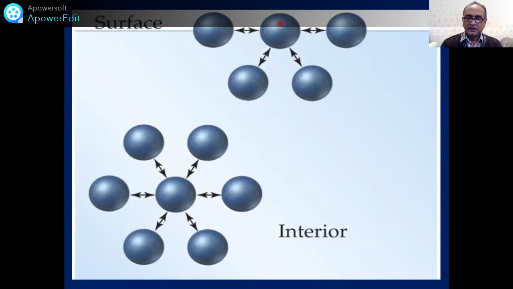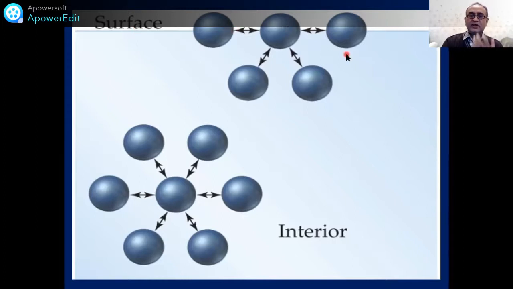The same is true for this one, and the other ones. So all the surface molecules are experiencing what? Unbalanced forces. I repeat, what is the main point over here? The surface molecules are experiencing a downward pull which is not balanced by any molecules above.